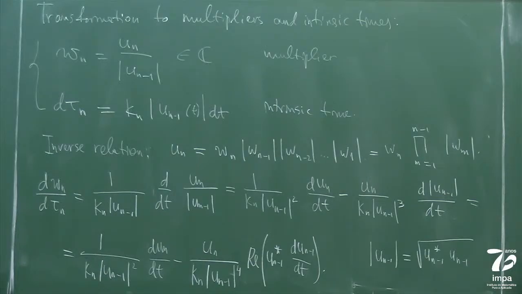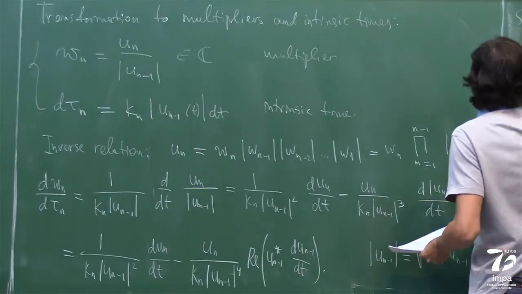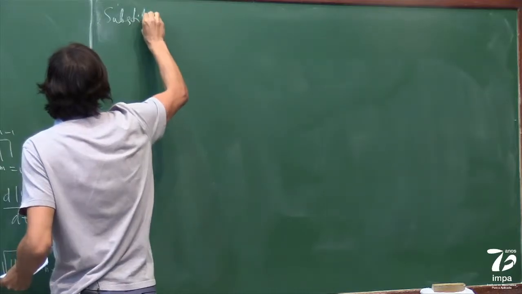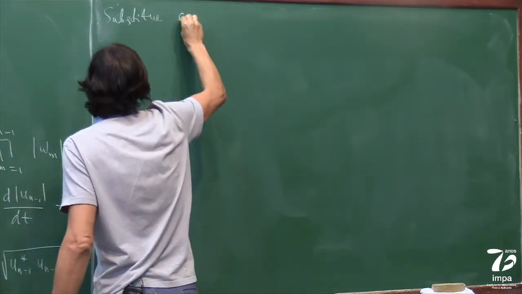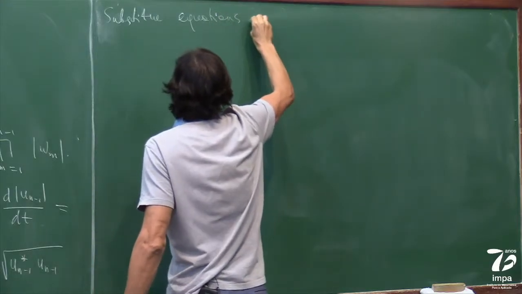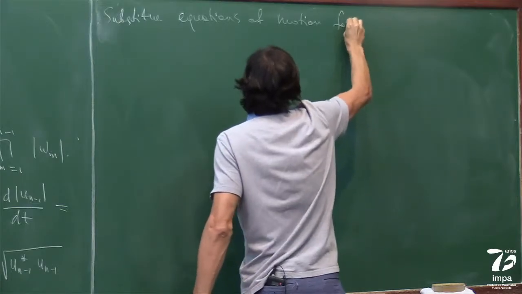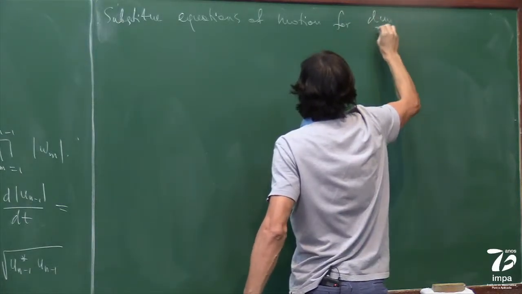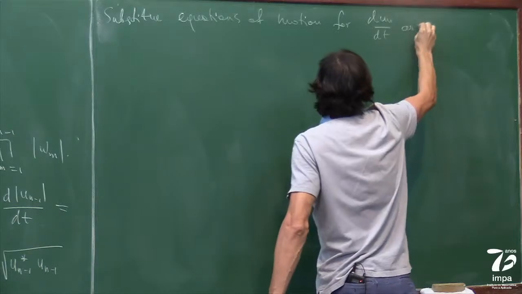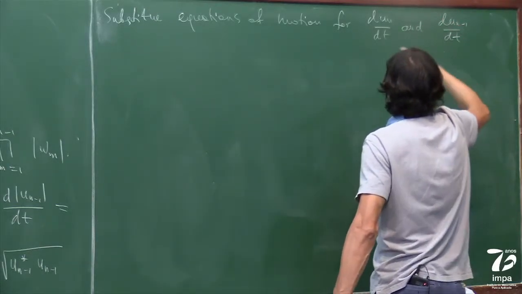And now substitute the equations of motion for dun dt and dun minus 1 dt. These two equations we have.